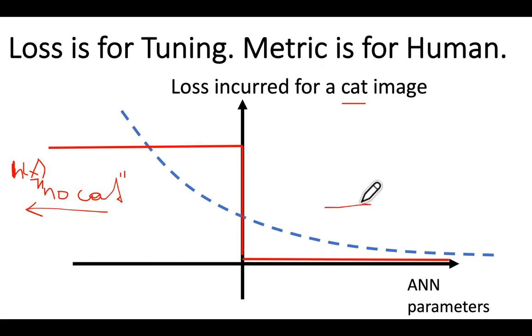And here on the right, we output cat, so correct classification, and the loss is 0. In my opinion, this is maybe the most natural choice for a loss function for classification problems. This is called the 0-1 loss.